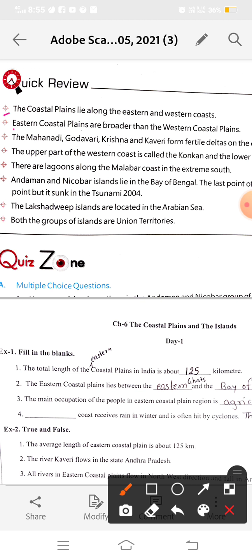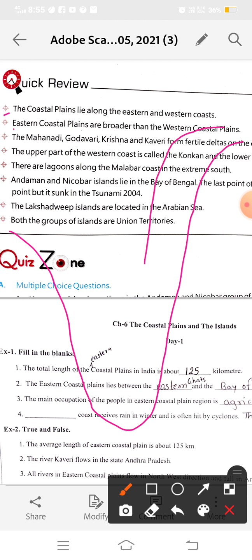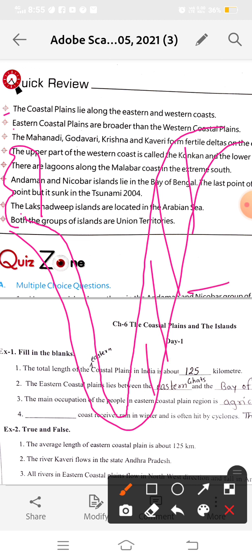See here, we have the two parts of the Indian coastal plains. This is eastern and this is western. The eastern coastal plains are broader, which means their width is greater than the western coastal plains.